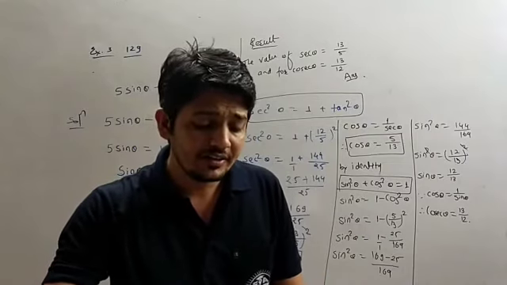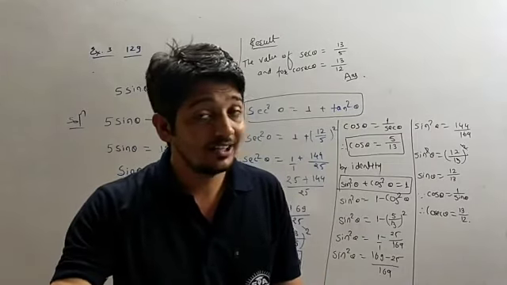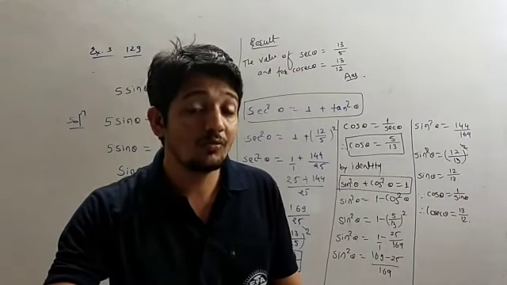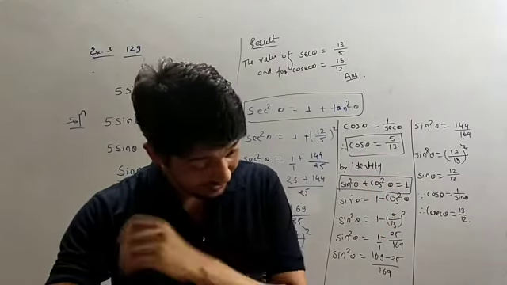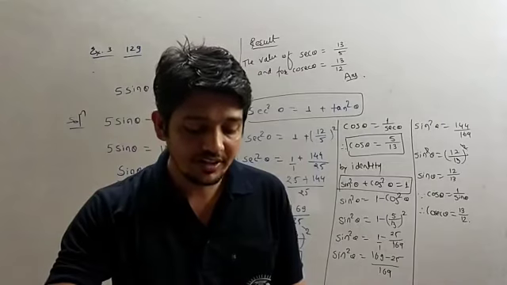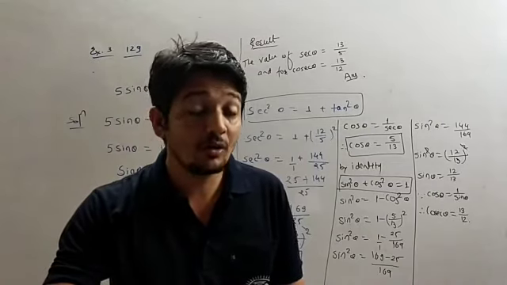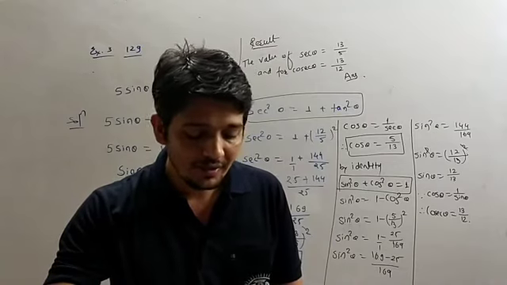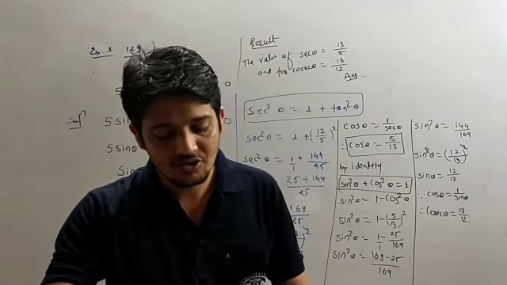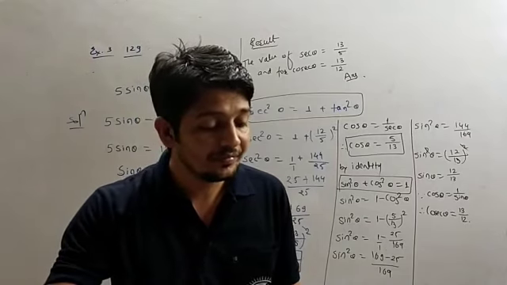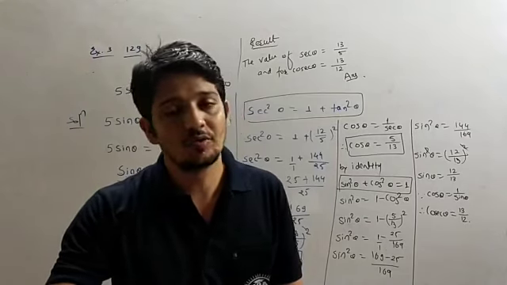We have already discussed the first, second and third questions. Now on that basis you have to solve the fourth question. It says: if 5 sec theta minus 12 cosec theta equals 0, then find the values of sec theta, cos theta and sin theta. This is the homework for you.